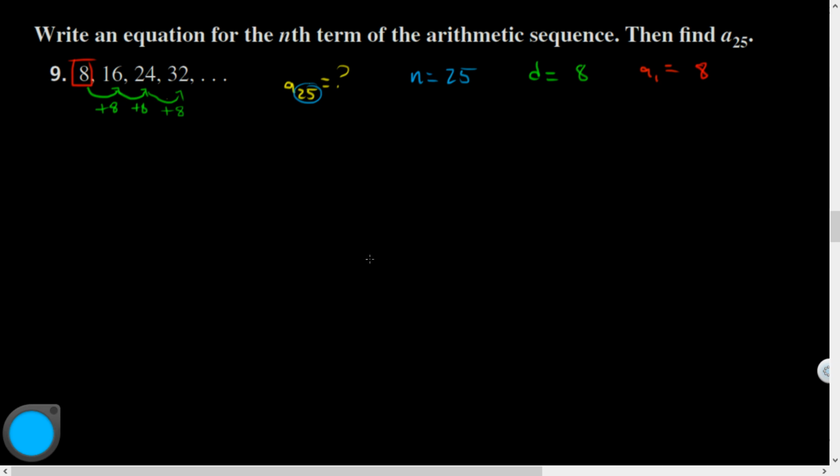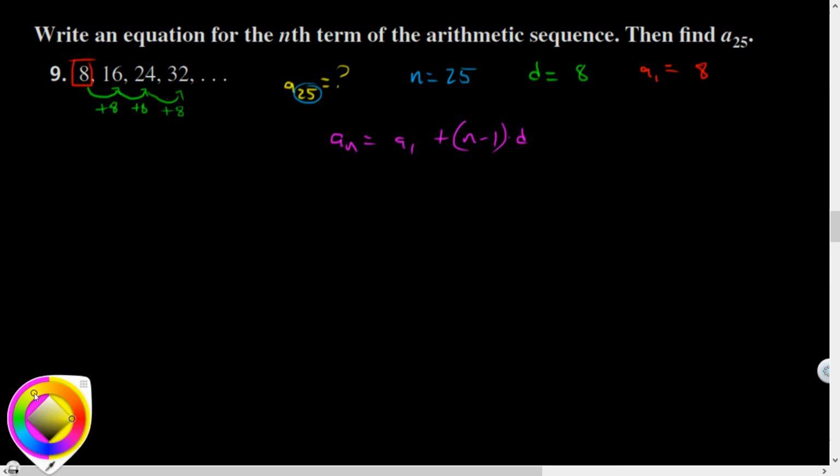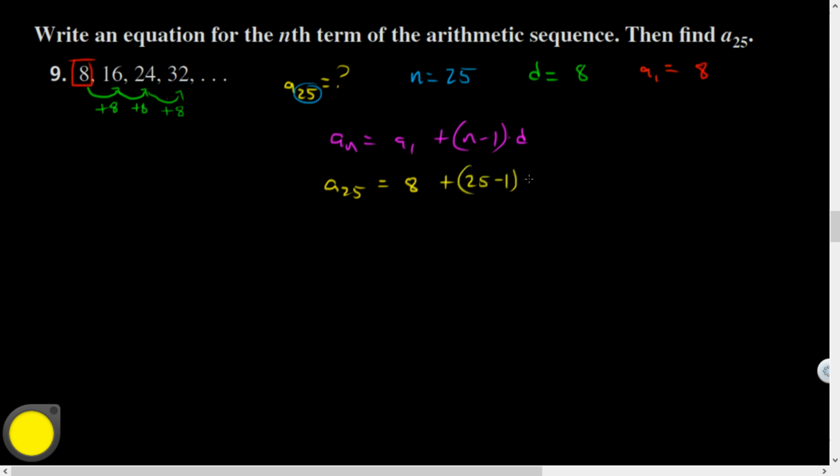All right, internet friends. So a sub n is equal to the first term plus n minus 1 times the common difference. Plug it in. a sub 25 is equal to 8 plus 25 minus 1 times 8. Weird when they're the same there.